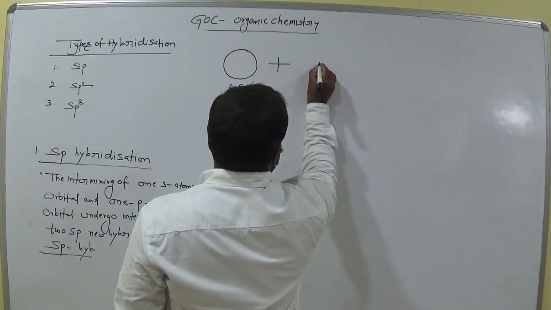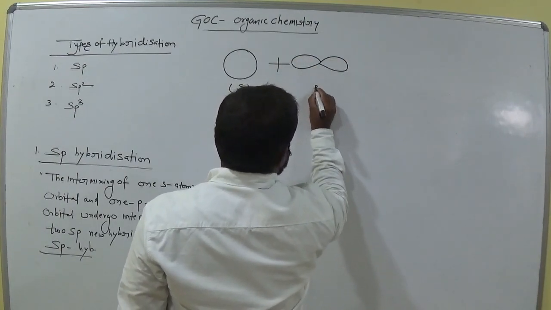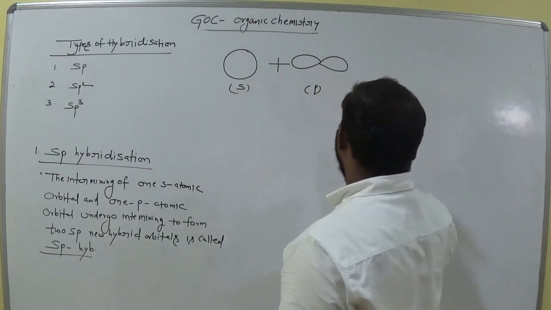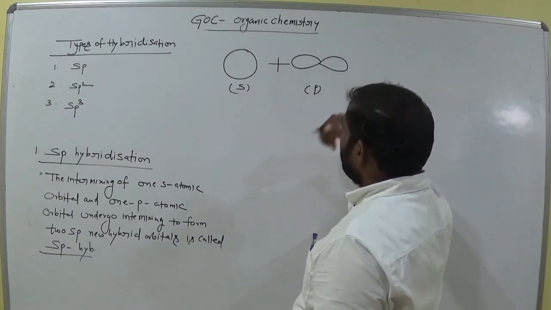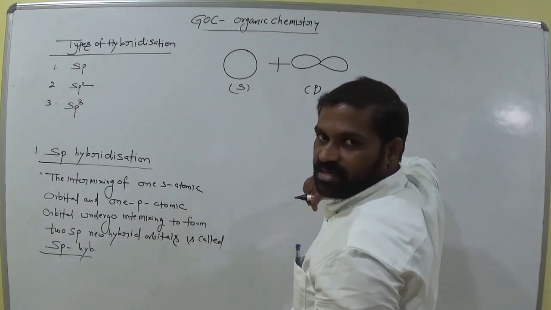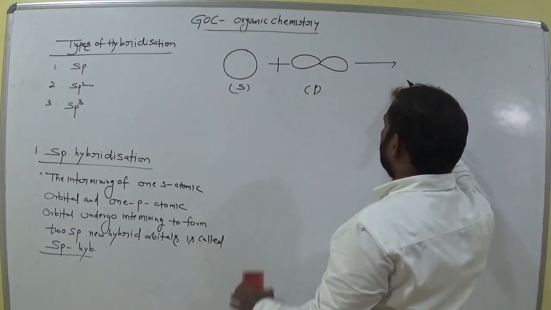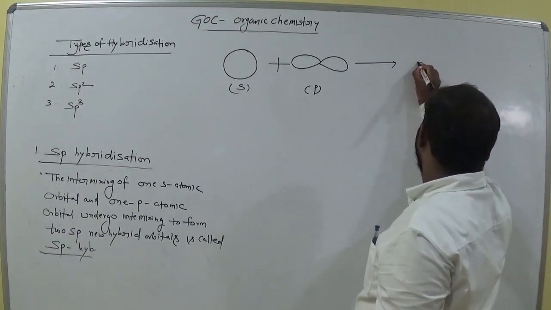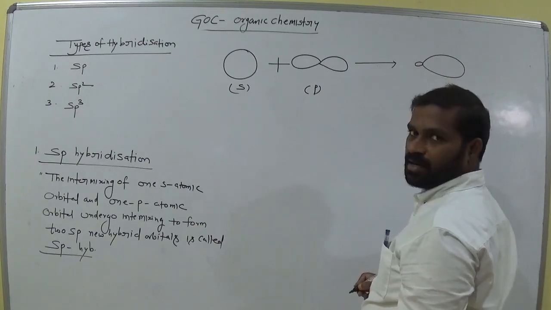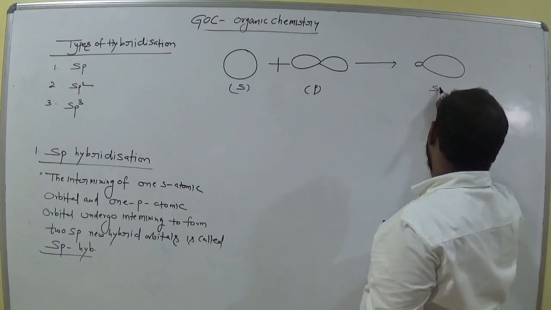This is the p orbital, which is dumbbell-like. Now both undergo intermixing. They are close together, they overlap together. Okay, clear? Now this belongs to sp hybridization.